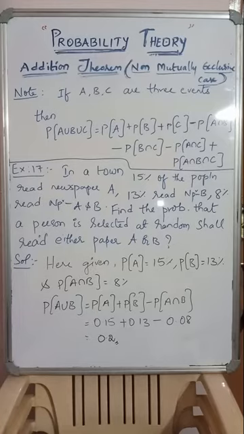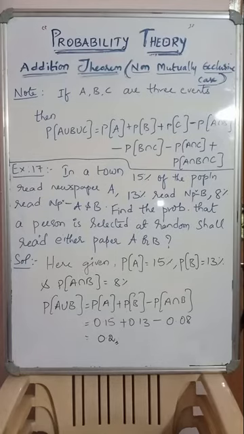Here what exactly is given? Probability of A is 15%, nothing but 0.15. Then probability of B is 13%, 0.13. And probability of A intersection B is given 8%, 8 by 100, 0.08.